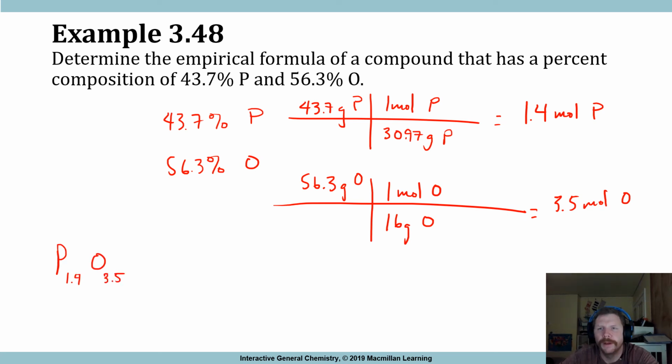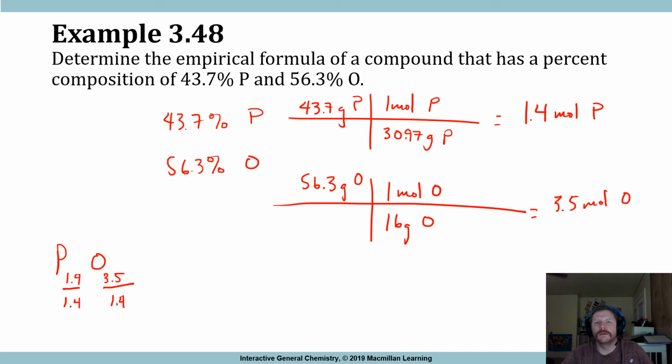Dandy. Well, kind of, but also a problem. It's a problem because I can't really work with that as a formula. So what I need to do is take the smaller number of moles and divide it into each one to figure out my molar ratio of phosphorus to phosphorus and phosphorus to oxygen.